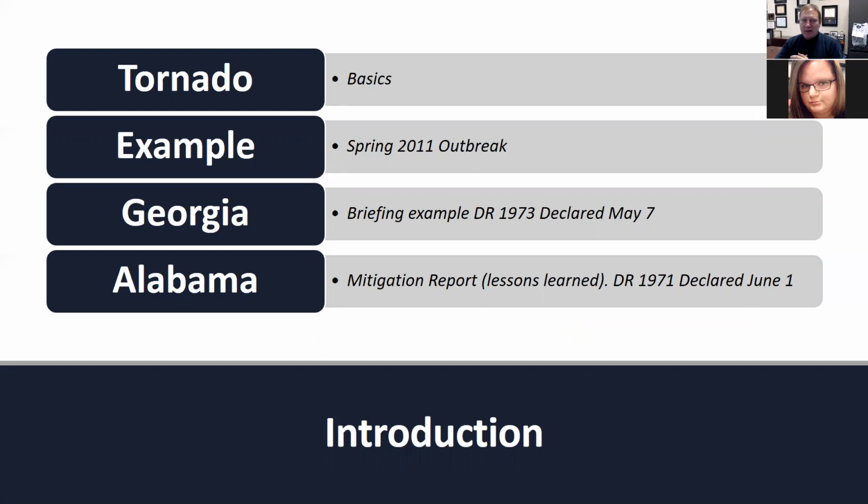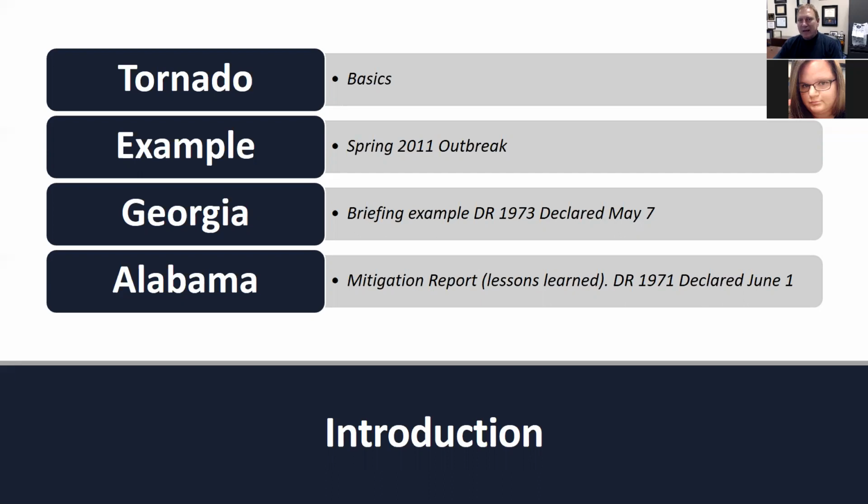DR 1973 is a disaster that I was one of the responders to. DR 1971 actually occurred just before 1973, but it was granted as an extension of another series of tornadoes that had come through Alabama, specifically impacting the Tuscaloosa area. If you know anything about the University of Alabama, it's based in Tuscaloosa, and they had some substantial damage there.